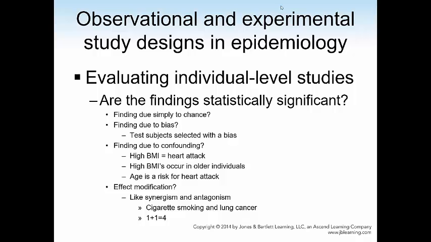However, it turns out that individuals with higher BMIs tend to be older. Well, we also know that age is a risk for heart attack. So you have these two confounding factors. So you would have to look a little deeper and redesign your study. How about effect modification? Maybe you have something going on like synergism or antagonism. So you're trying to find a link.